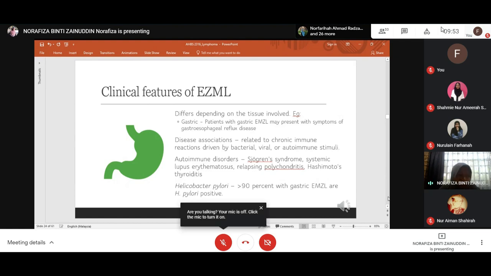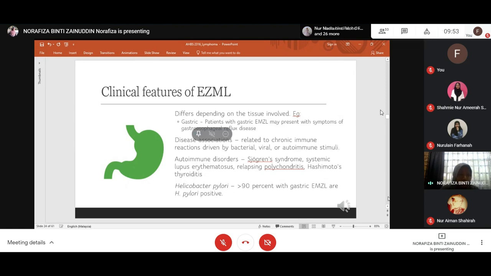So the disease association, increasing evidence suggests that EMZL is related to chronic immune reactions due to bacterial, viral, or autoimmune stimuli. Yeah? Depends on the presence of activated antigen-driven T cells. For that, the patients with EMZL can display evidence of autoimmune disorders and involvement of Helicobacter pylori.